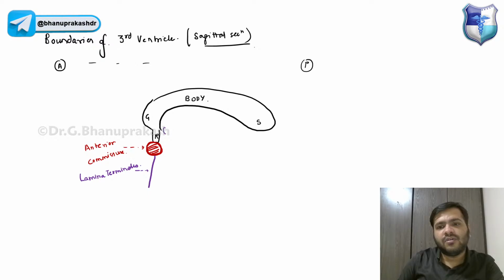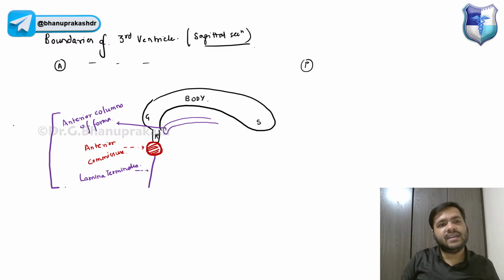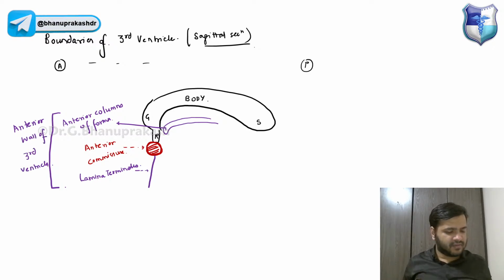You already know we have the fornix coming from posterior to anterior, and over here these are the anterior columns of the fornix. Basically, these three structures will form the anterior wall of the third ventricle, guys.